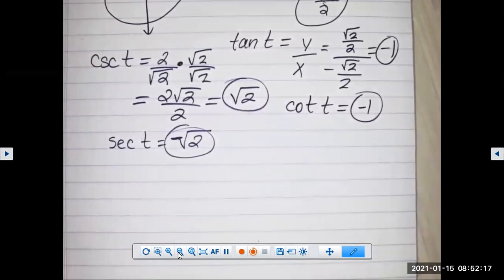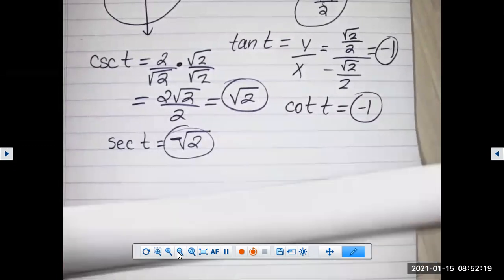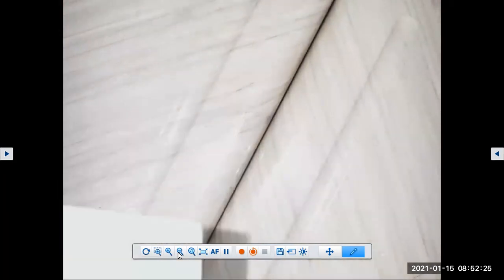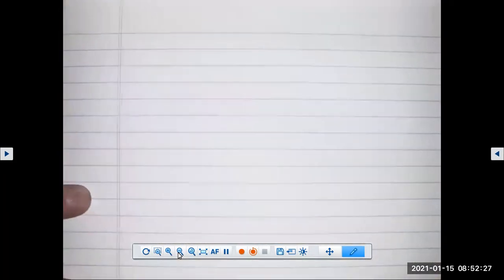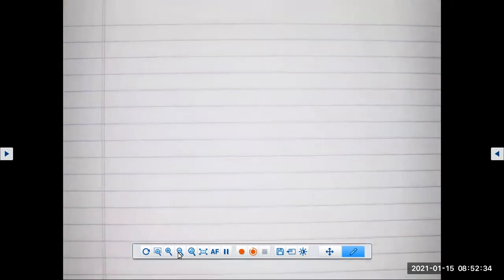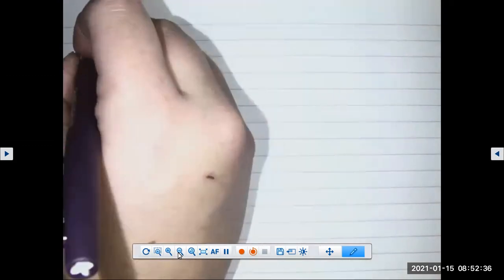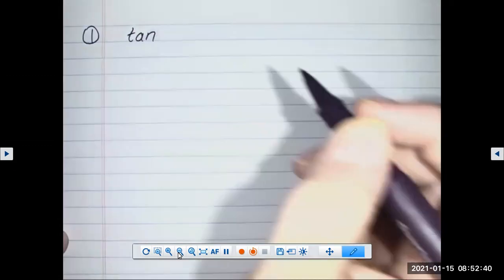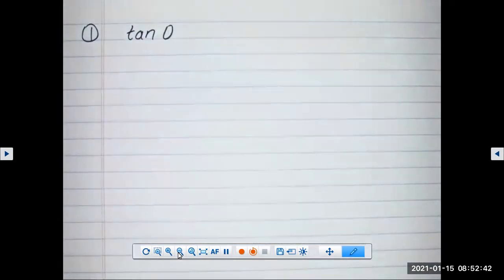Okay, the next thing that we're gonna do is practice using our unit circle to get trig values. So make sure you're referring to that. Use your unit circle to find trig values. Leave your answer exact unless they tell you otherwise. In number 1, we have the tangent of 0 pi.